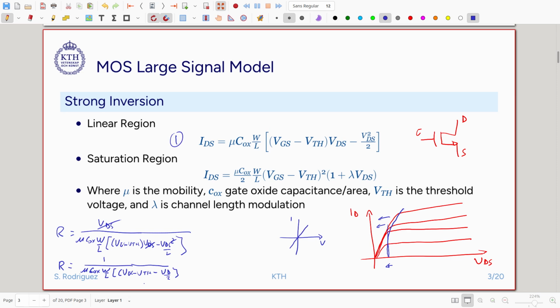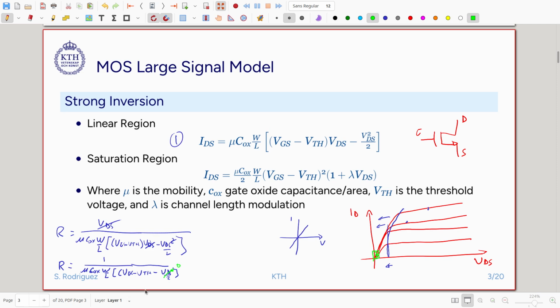Very often the VGS minus VTH is very large. For instance, we are working in these curves, and VDS can be very small, so working in this region here, this term is very little and can be omitted. Okay, and then we have an equation that depends only on VGS and VTH.